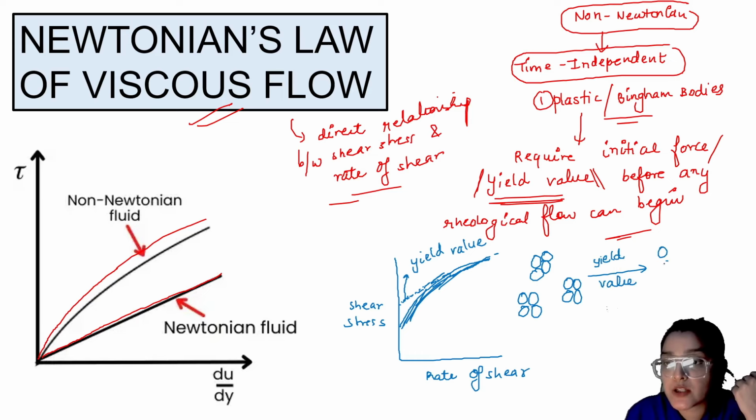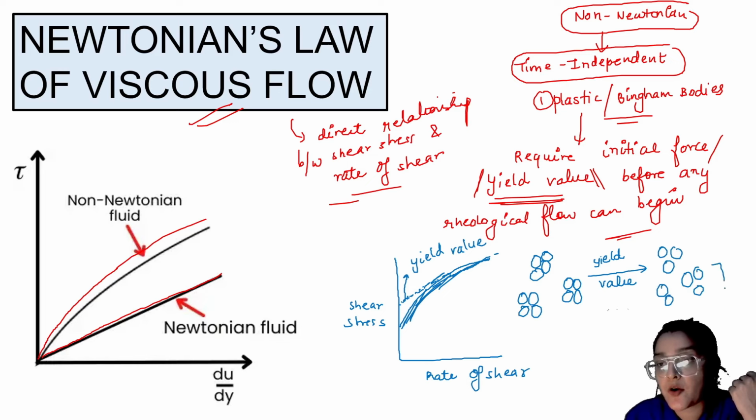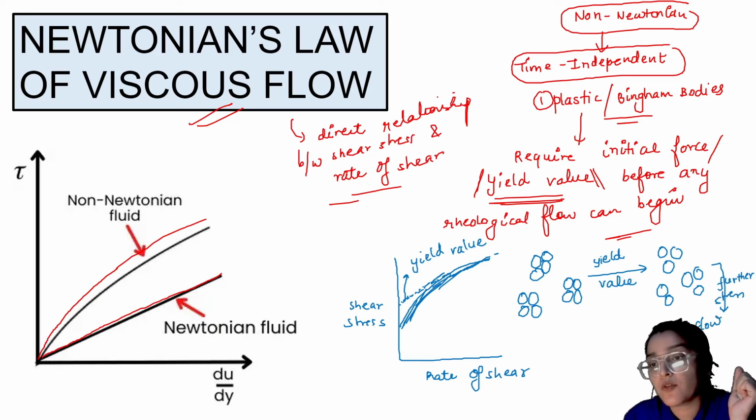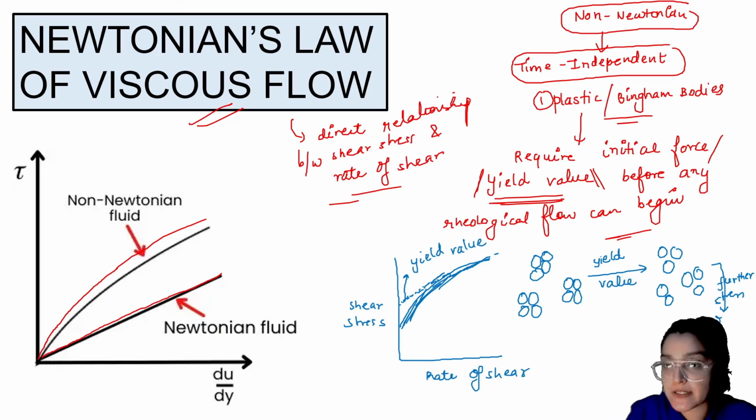Due to which these particles slightly loosen up, their forces of interaction try to break, and on applying further stress, they are easily going to flow. Okay, so this is the difference between the plastic flow, which is actually exhibited by the concentrated suspensions.